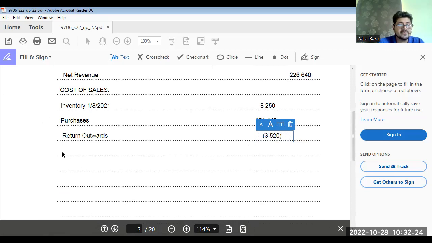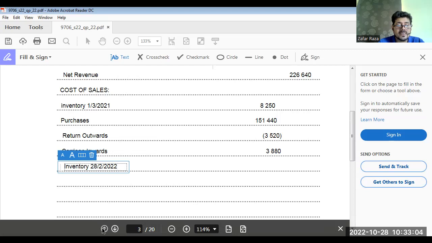Then we have to add carriage inwards. Carriage inward is given 3,880. And we have to deduct closing inventory. The closing inventory amount was rectified on 28 Feb 2022, and that amount was rectified by us.